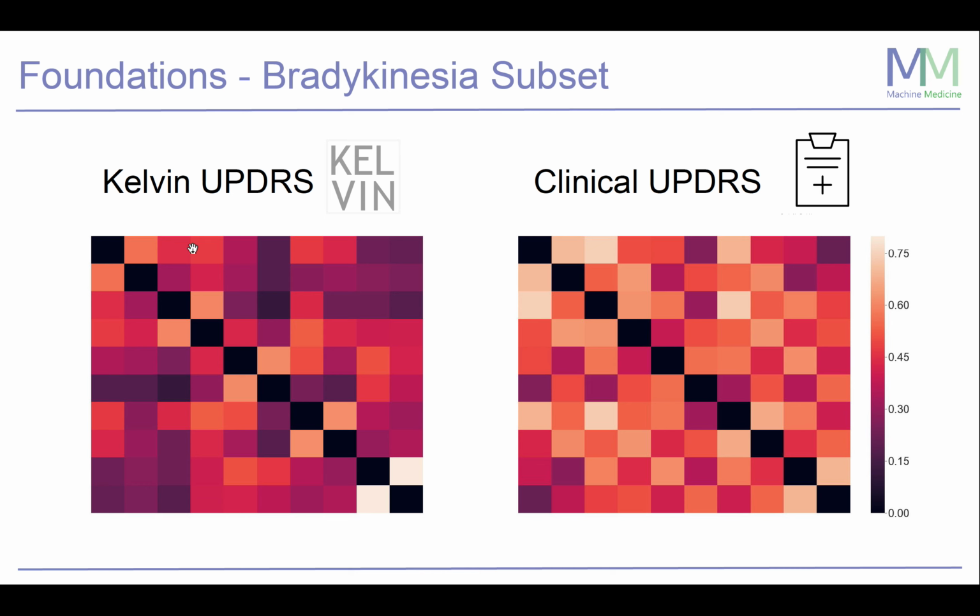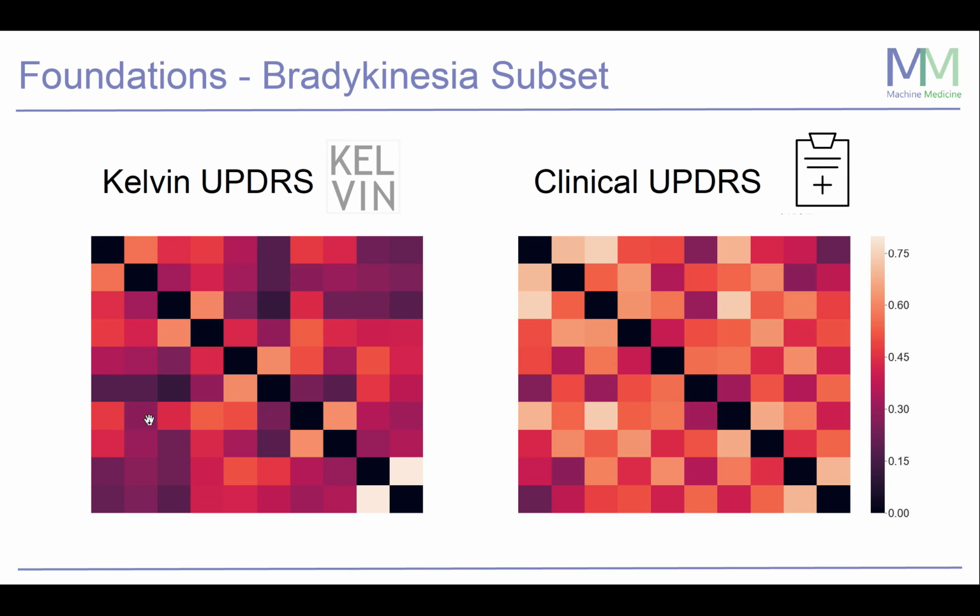So each row and each column correspond to a particular item. So row 1 and column 1 correspond to the same item. Row 2 and column 2 correspond to the same item. Likewise for 3, and so on and so forth. And that's why this is diagonal and symmetric as a matrix.